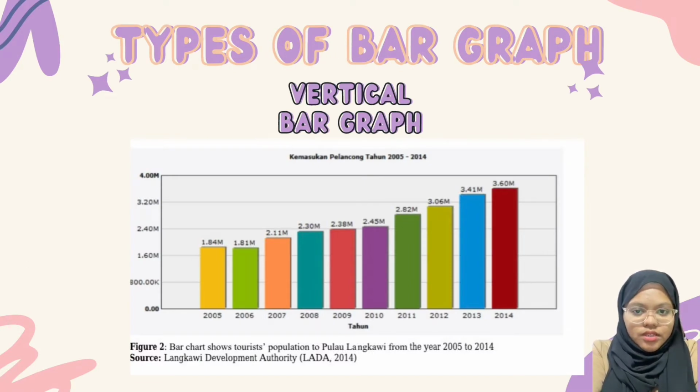Like you can see, this is the vertical bar graph showing the tourist population to Pulau Langkawi from the year 2005 until 2014. We get this resource from Langkawi Development Authority, which is LADA 2014. The vertical bar graph is the most common type of bar chart, and it is also referred to as a column graph.